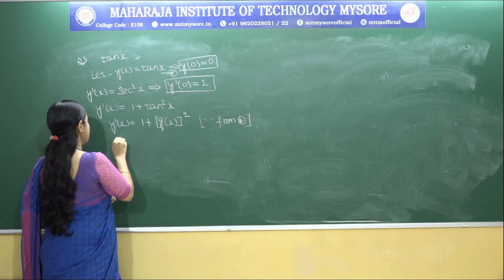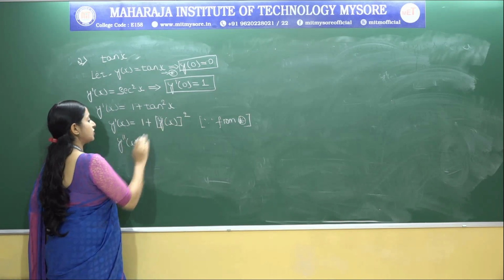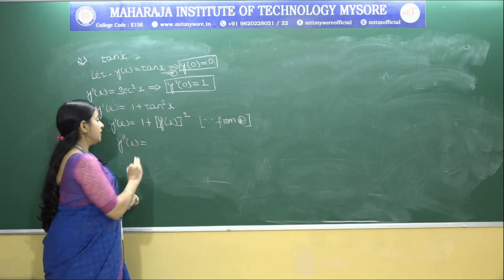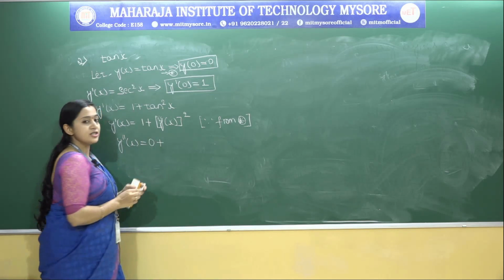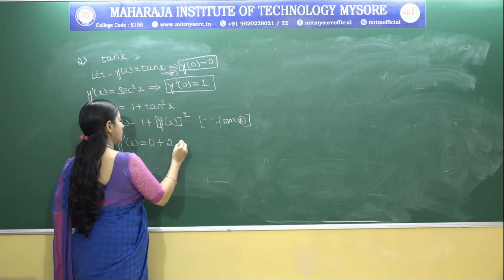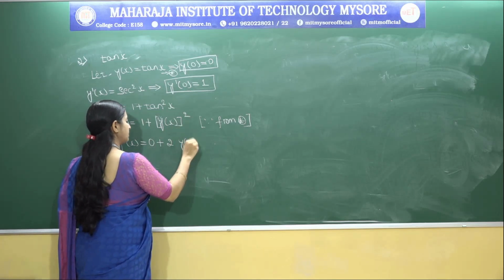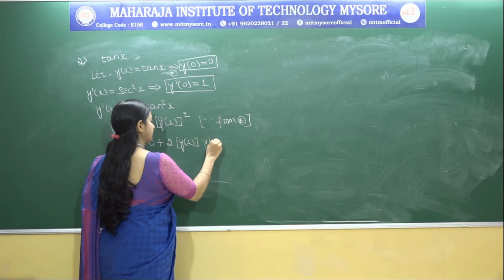Next differentiation. To make the differentiation easy, I consider tan x as the given function y of x. The differentiation of 1, since it is a constant, is 0. So for y of x whole square, the differentiation is 2 y of x times y dash.